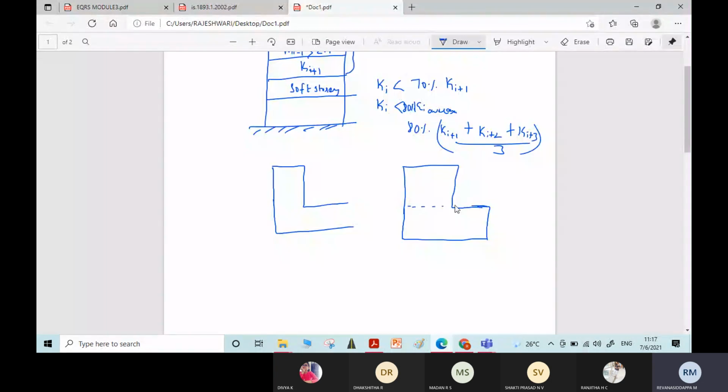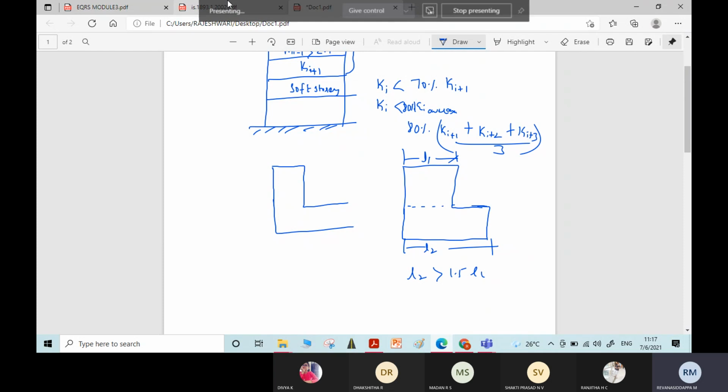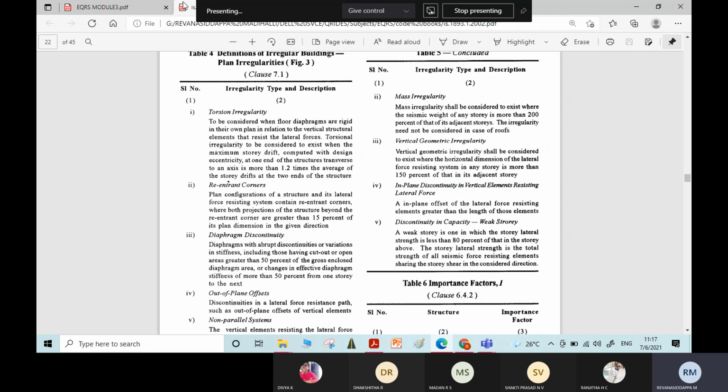This is a two story building. If you take L1 as the length of the top story and L2 as the length of the bottom story, if the L2 dimension is greater than 1.5 times L1, then it is assumed to have geometric irregularity.